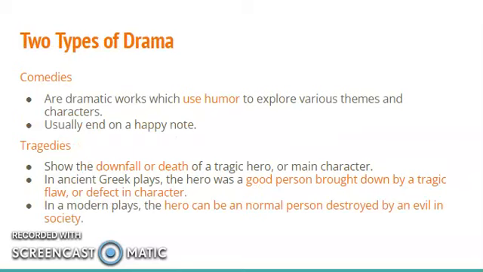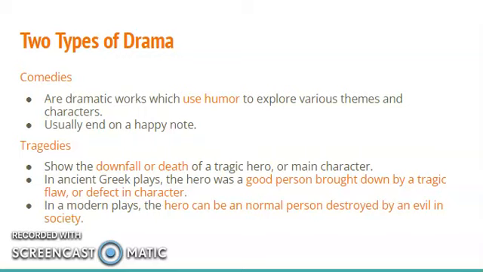There are two types of drama. Traditionally, they fall into two categories, which are comedies and tragedies. Comedies are dramatic works which use humor to explore various themes and characters, and they usually end on a happy note. Tragedies, on the other hand, show the downfall or death of a tragic hero or main character. In ancient Greek plays, the hero was a good person brought down by a tragic fall or defect in character.